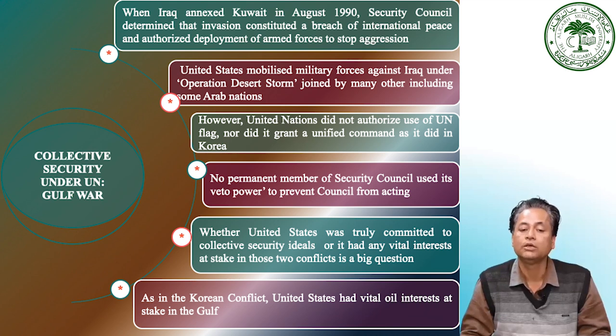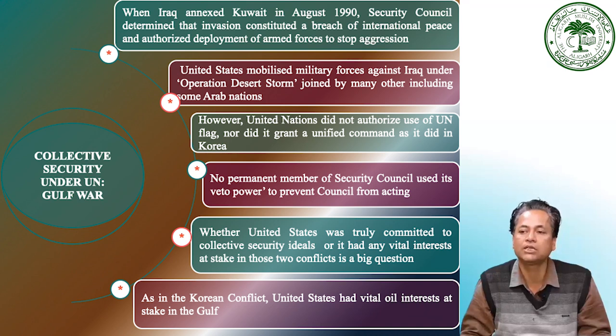Now, the question is whether the United States was truly committed to the collective security principles as mentioned in the UN Charter, or it had any other vital interest. The point is, like the Korean conflict, America had a lot of important interest in Kuwait, and both are similar in the sense that at that time America was interested, it was just the beginning of the Cold War.